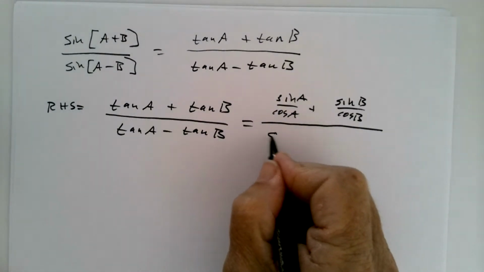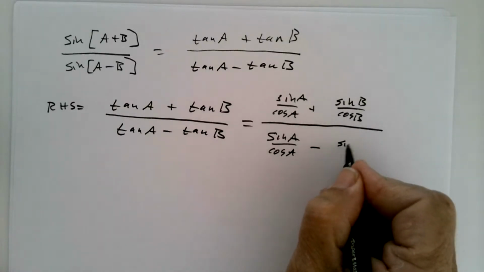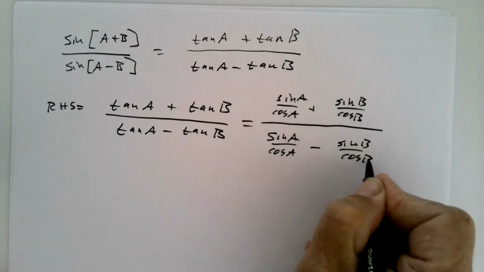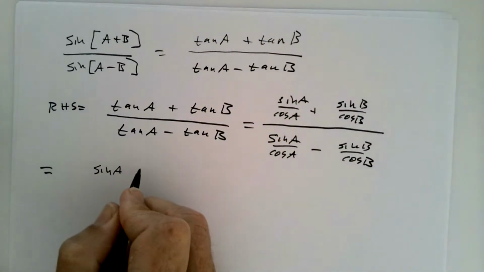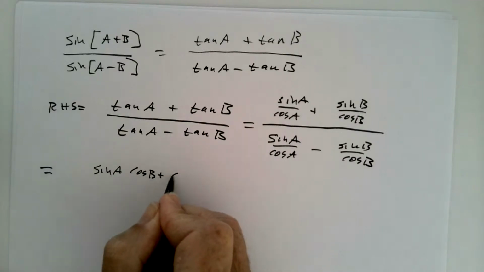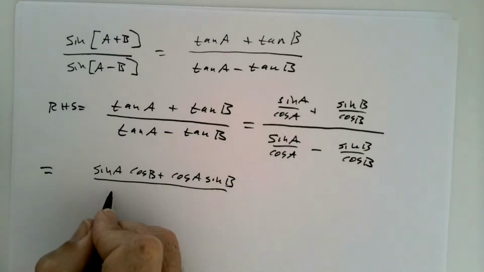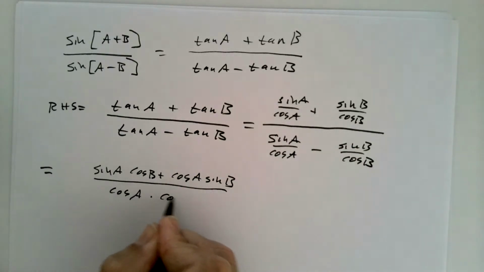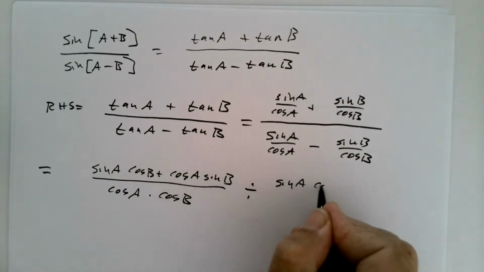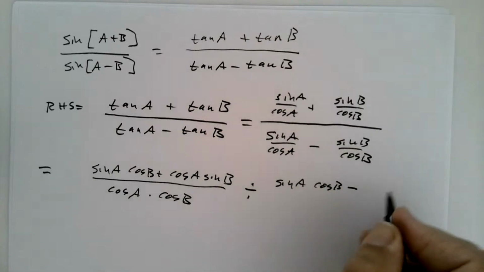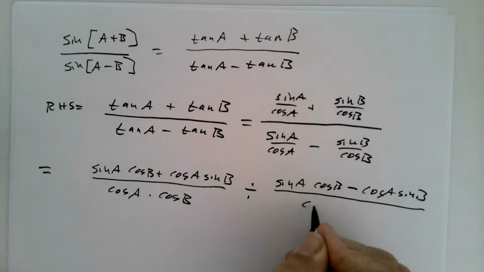Downstairs, sine a over cos a minus sine b over cos b equals sine a cos b plus cos a sine b, all over cos a times cos b, divided by the ones on the bottom, sine a times cos b minus cos a times sine b, over cos a cos b.